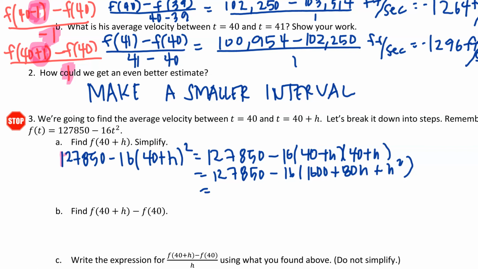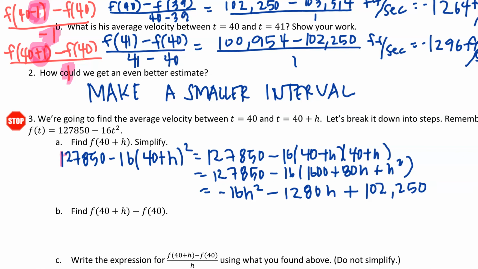If I distribute that, that's going to be what? Negative 16h squared minus 1280h and plus 102250.